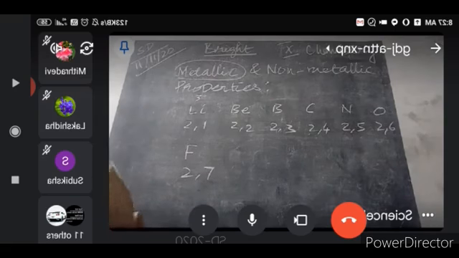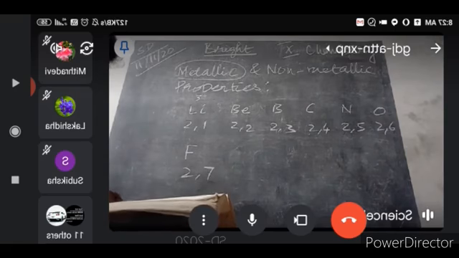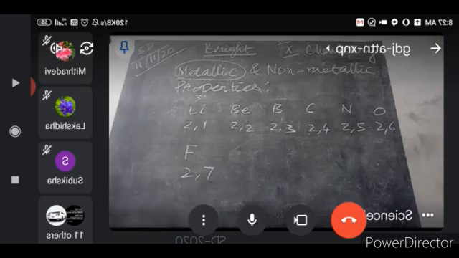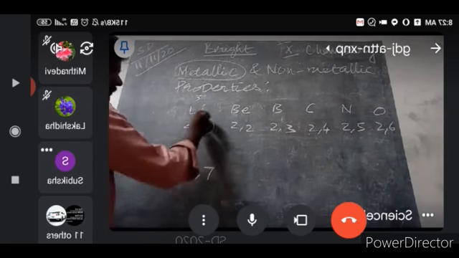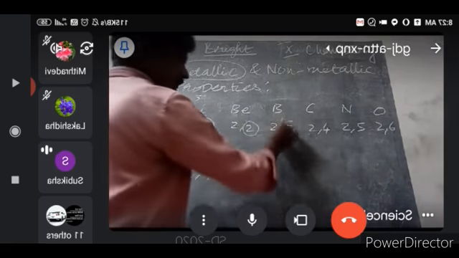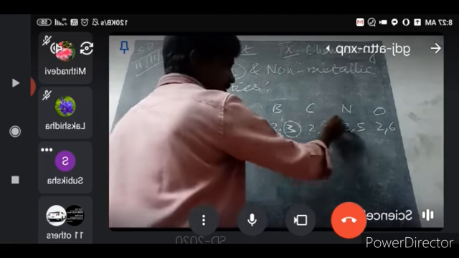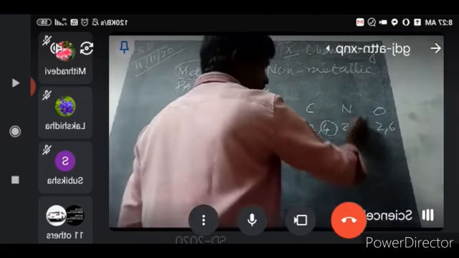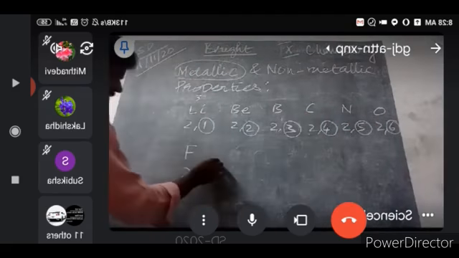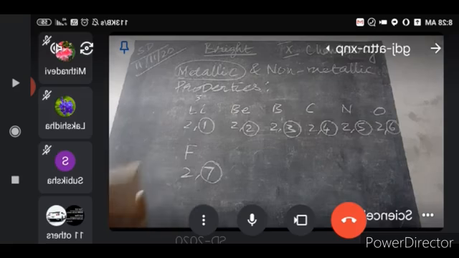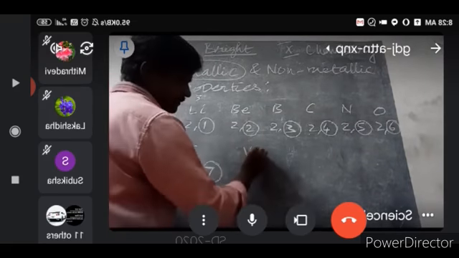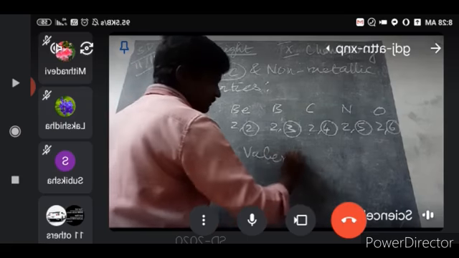What they have told is the effective nuclear charge acting on the valence shell electrons. Which are the valence shell electrons here? The outermost shell, where we have the electrons 1, 2, 3, 4, 5, 6, 7. And the next thing they have given: valence shell electrons increase across a period. Are you accepting?